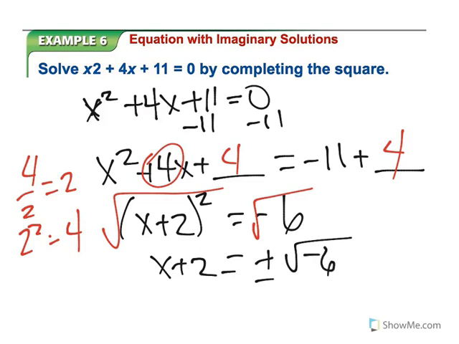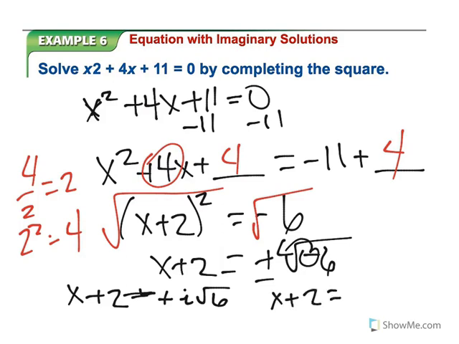Now, in the last video, we learned that when we take the square root of a negative number, we can take that negative out by making it an i. So we get x plus 2 is equal to plus i times the square root of 6, and x plus 2 is equal to minus i times the square root of 6.